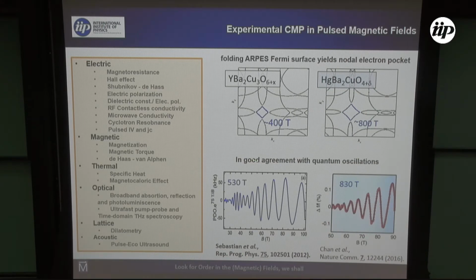This is another example of what you can do at very high magnetic fields. These are quantum oscillations in high TC superconductors. Up until not too long ago, I'm going to say no more than roughly 10 years, the very existence of a Fermi surface in high TC superconductors was doubted.